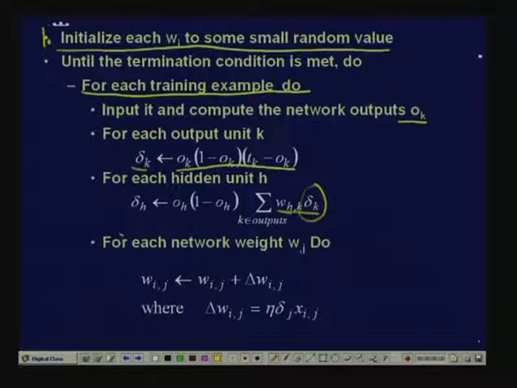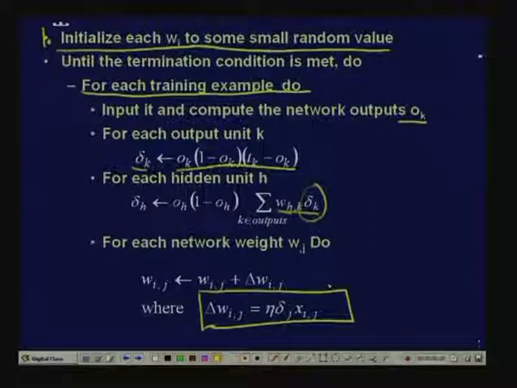After we have computed delta at all the units, both the output units as well as the hidden units, we update the network weights as follows. Wij is updated as Wij plus delta Wij, and delta Wij is equal to eta delta j times xij. So, you see the actual algorithm is quite simple to implement.